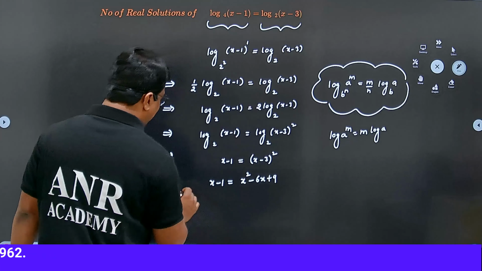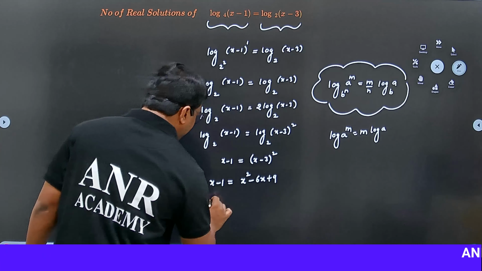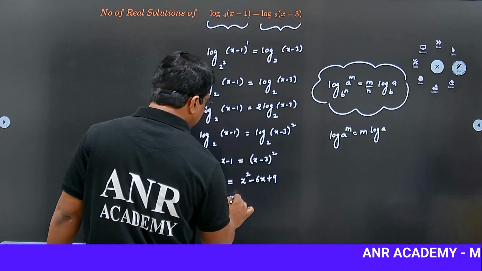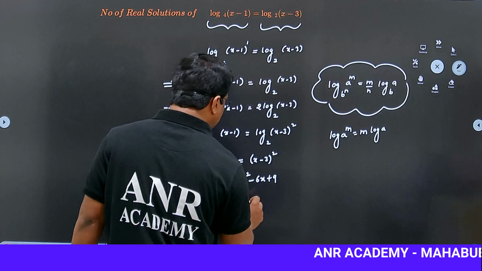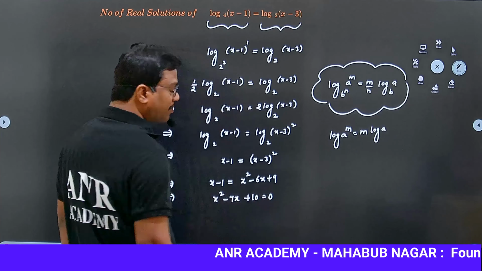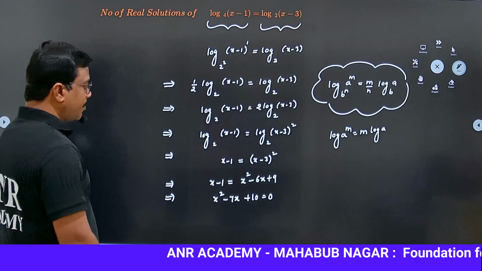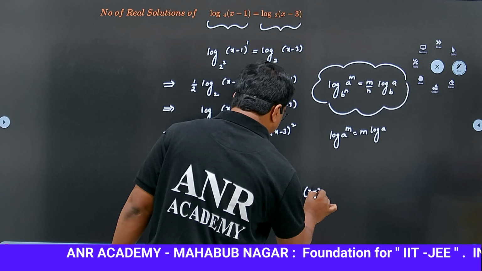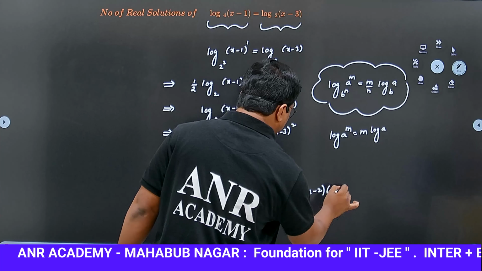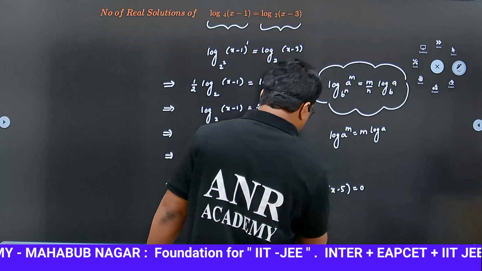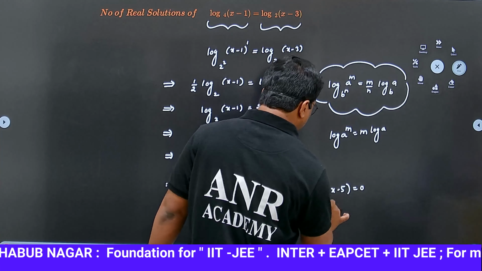Also you can simplify this: x square minus 7x plus 10 equal to 0. Here it gives the result x minus 2 into x minus 5 equal to 0, and hence the values you got are 2 and 5.